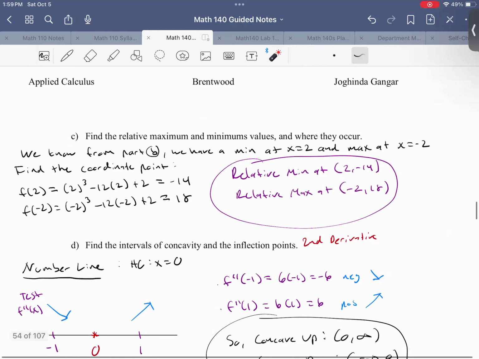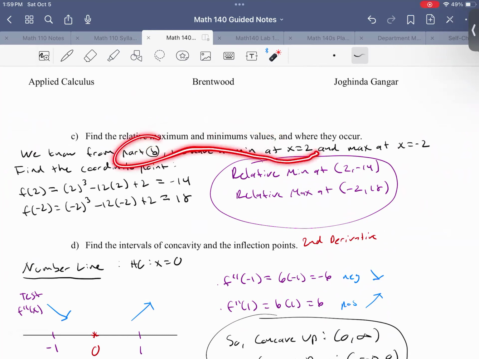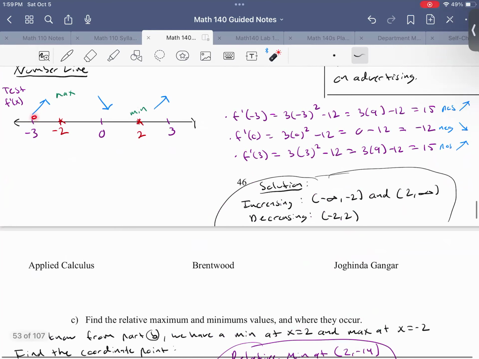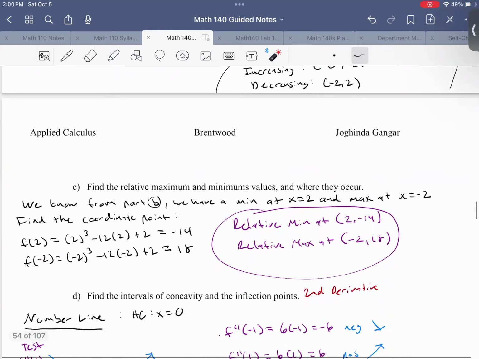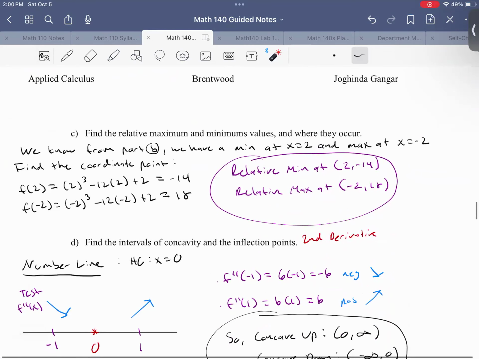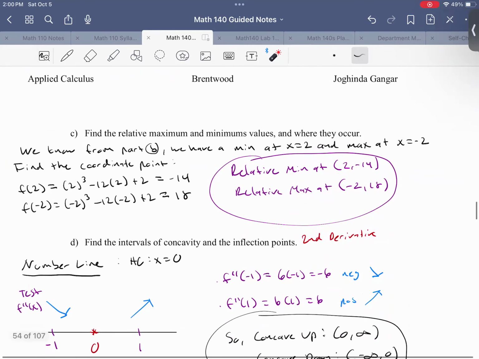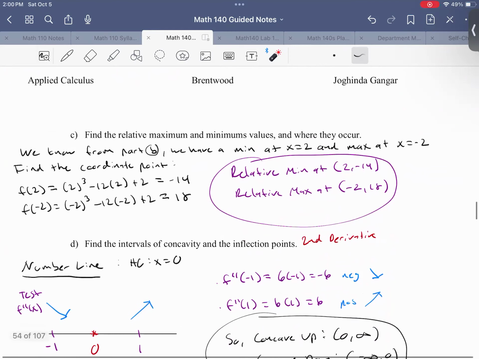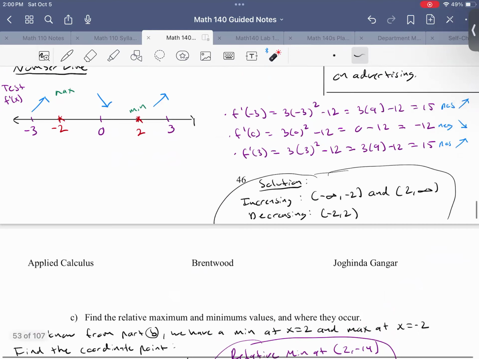Okay, so letter C is just find the relative maxes and mins. So we know from part B what our mins and maxes are, right? We know that we're going up here, coming down here, that's a max. Going down here, coming up there, that's a min. That's our first derivative test from 3.1. You could also use a second derivative test, but that's just more unnecessary work if you didn't already have a number line like this for your first derivative.